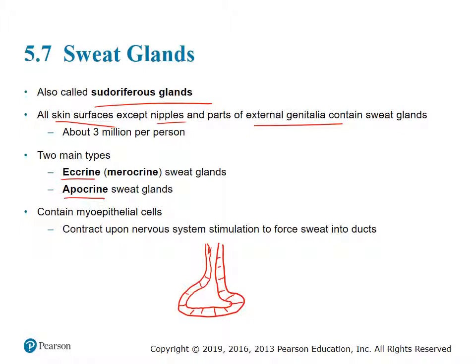They secrete their product there, and this is a duct, and then there would be a pore at the edge of the skin surface. That's what we're looking at. Myoepithelial cells line the duct just like this. The nervous system can stimulate these cells to force the sweat into the duct and then eventually out of the pore. That makes sense, right? So it's under nervous stimulation.